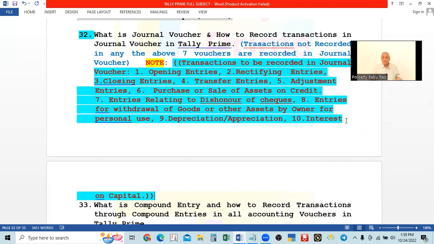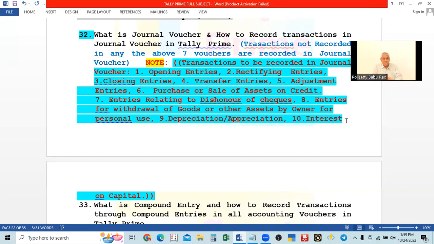In the case of the journal in manual accounting, it is recorded in the form of debit and credit, that is, in the double entry mode. It records transactions in voucher mode.